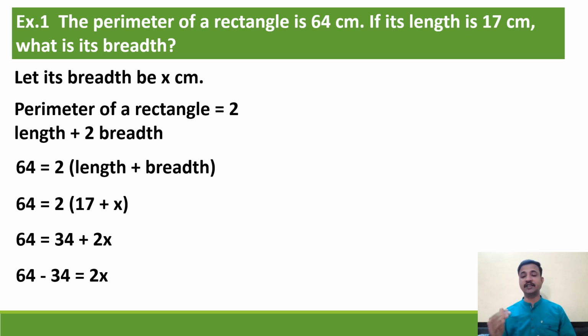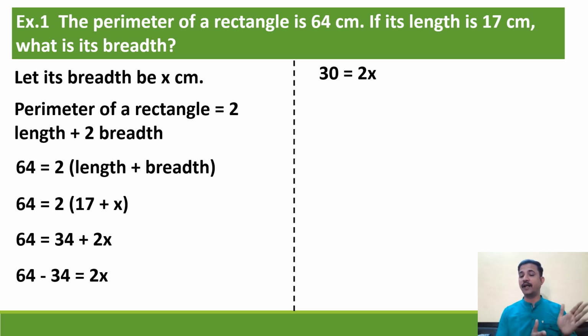So 64 minus 34 कितना आएगा वैल्यू? 64 minus 34 is 30. So 30 equal to 2x. अभी x की वैल्यू निकलनी है, तो 2 मल्टीप्लाई है, वो राइट हैंड में जाएगा तो क्या होगा? डिवाइड होगा. सो x equal to 30 divided by 2.